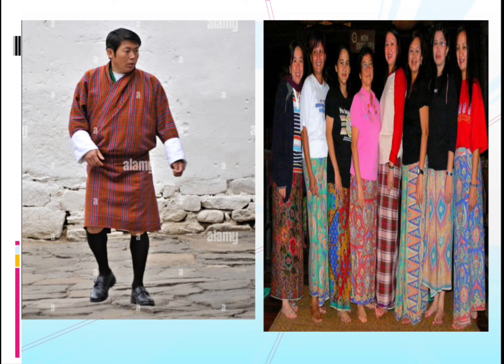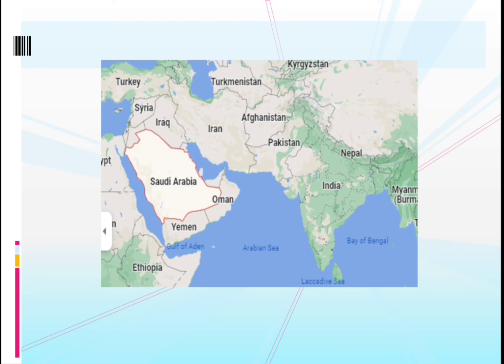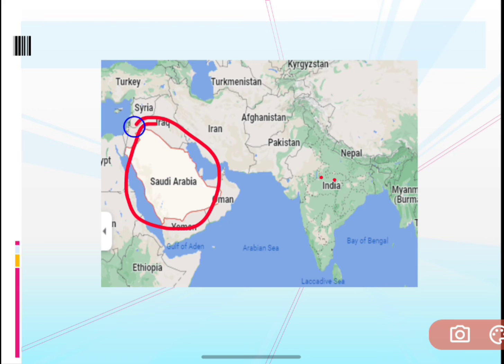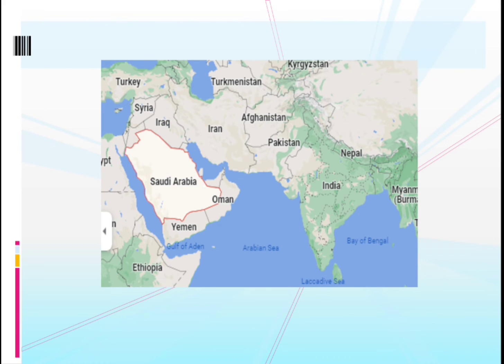Now coming to Saudi Arabia. If you see Saudi Arabia, this is India and this is Saudi Arabia. The climatic condition of Saudi Arabia is similar to Rajasthan. Why? Because that country is mostly desert. Rajasthan also has desert, isn't it, children? Saudi Arabian desert.